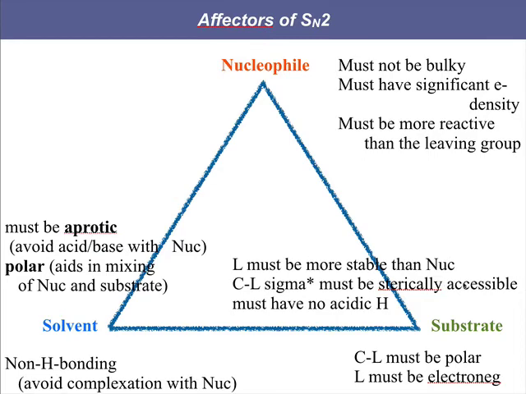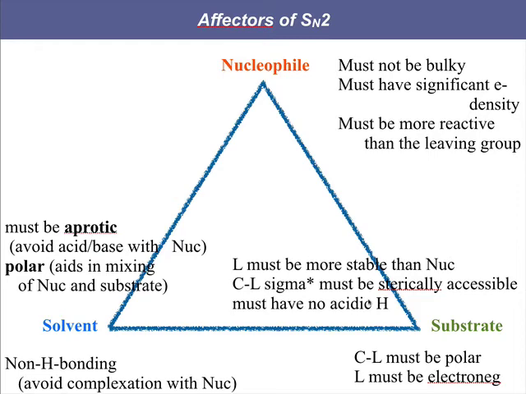So methyl, primary, and maybe secondary, as long as our nucleophile is small enough. Additionally, we can't have any acidic hydrogens on our substrate, because if we have any acidic hydrogens, remember, the nucleophile will act as a Bronsted-Lowry base instead of a Lewis base, because Bronsted-Lowry proton transfers occur faster than nucleophilic substitutions.